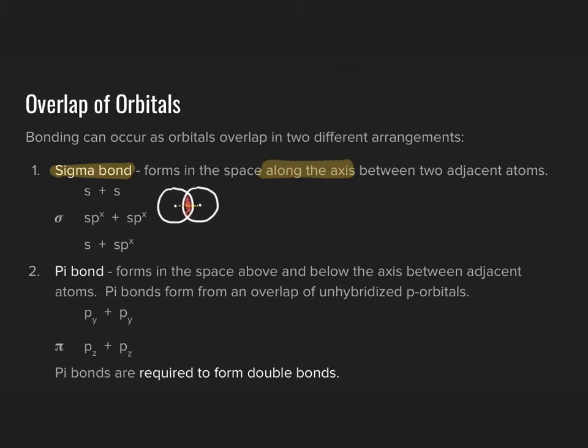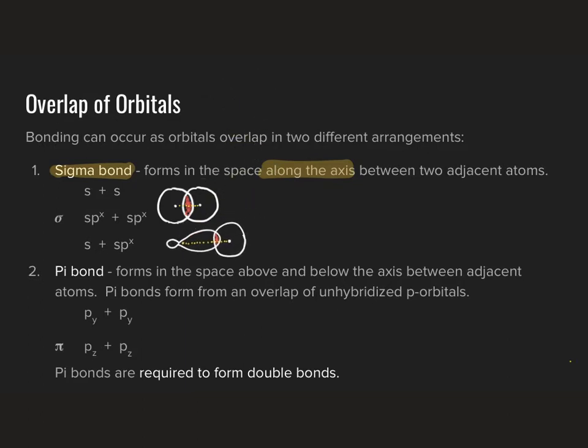Likewise, when we consider our previous discussion on the last slide about hybridized orbitals, if I have the sp3 hybridized orbital from the carbon atom overlapping with, let's say, an s orbital from the hydrogen atom, you'll note there again that the position where the overlap occurs exists directly in the line between the 2 adjacent atoms, that is, along the axis between the 2, which means an s orbital can overlap with an sp3 orbital to form a sigma bond as well.